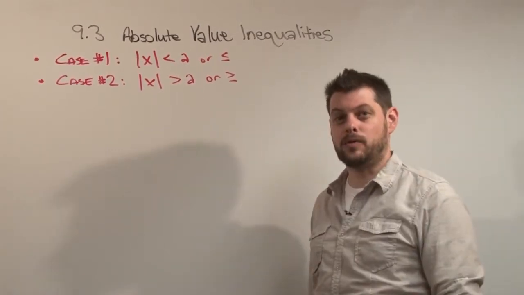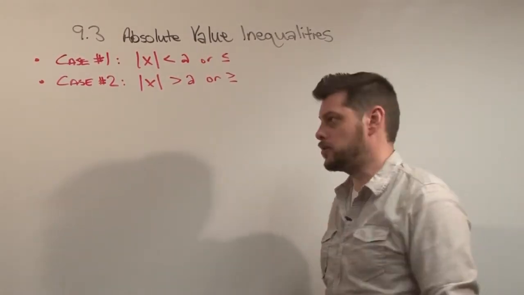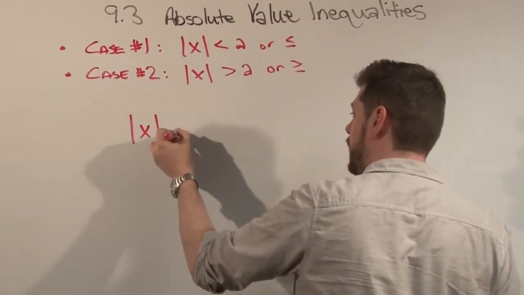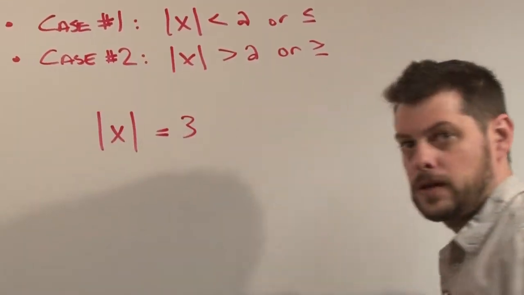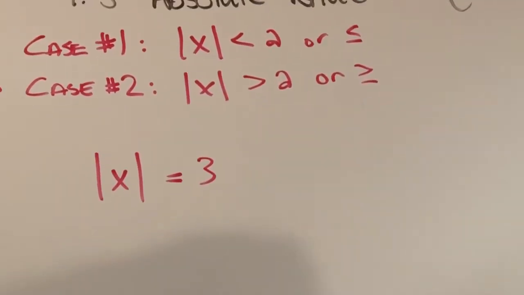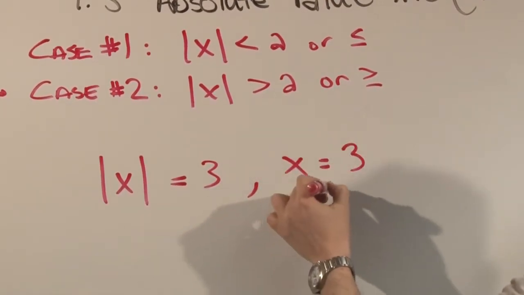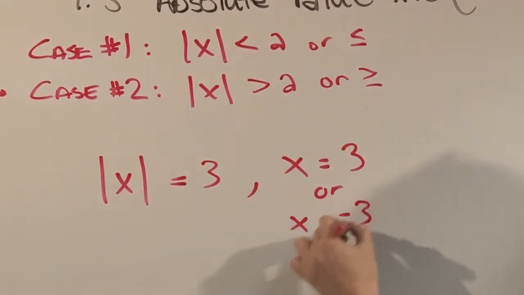We're going to take the example that I started out with in 9.2, where we had the absolute value of x equaled 3. And we were able to rewrite this as x equals 3 or x equals negative 3.